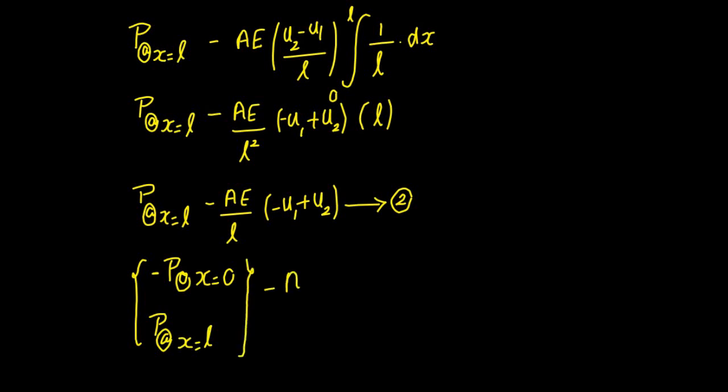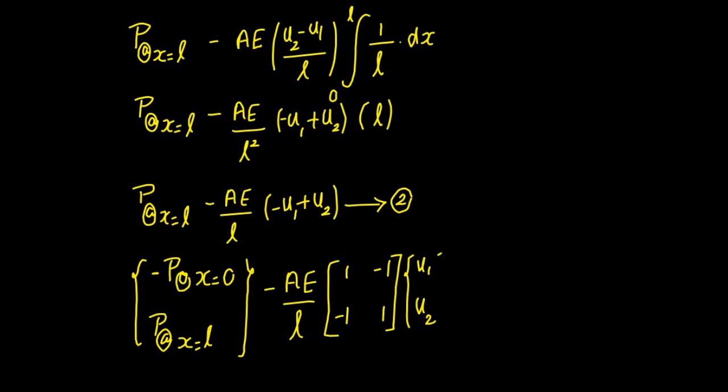Minus AE by L. If I write the two in the form of a matrix, the coefficient of U1 in the first equation is 1, the coefficient of U2 in the first equation is -1, the coefficient of U1 in the second equation is -1, and the coefficient of U2 in the second equation is 1, followed by U1, U2.